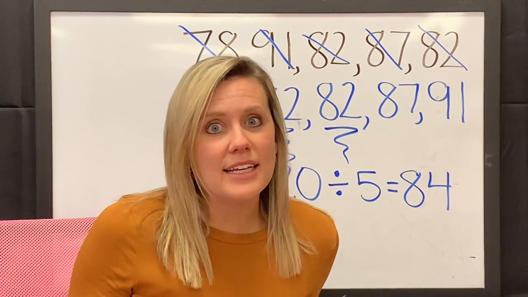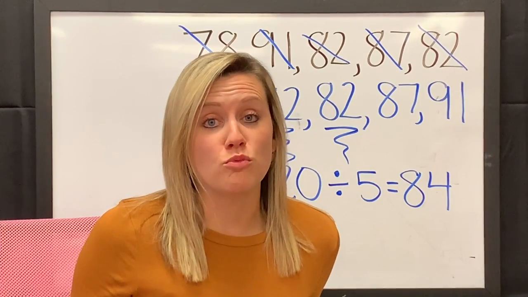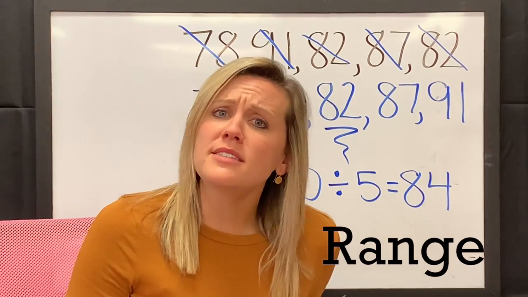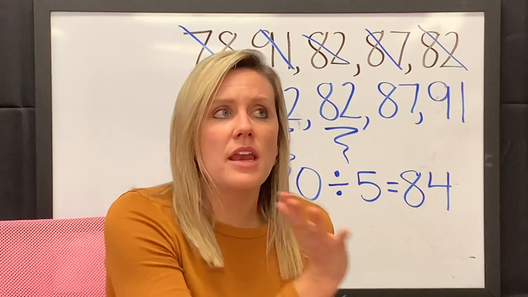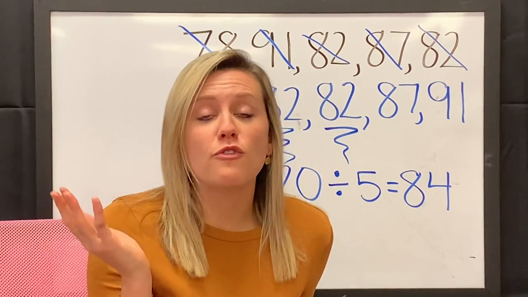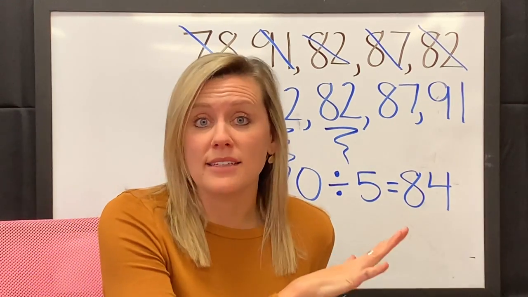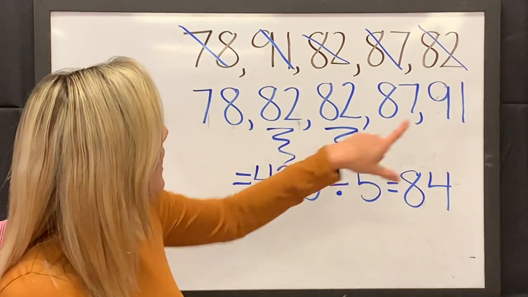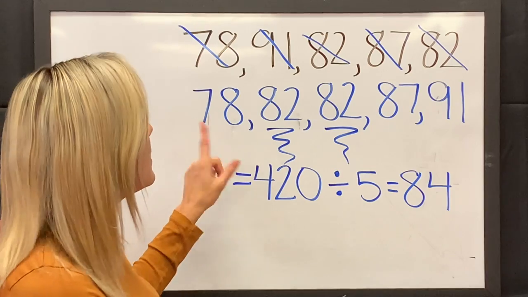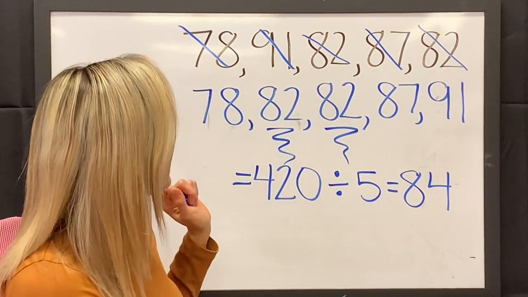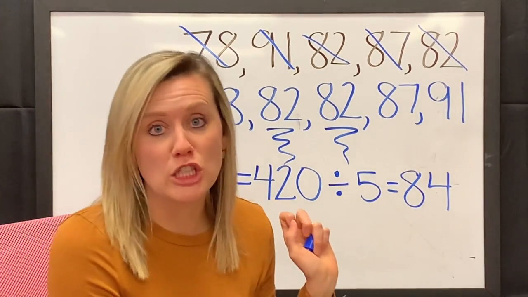Okay, the last word that I want to talk about is range. So range is not really an average. Range is how many numbers we have from the lowest number to the highest number. So in our case, our highest number is 91 and our lowest number is 78. So 91 minus 78 is 13.